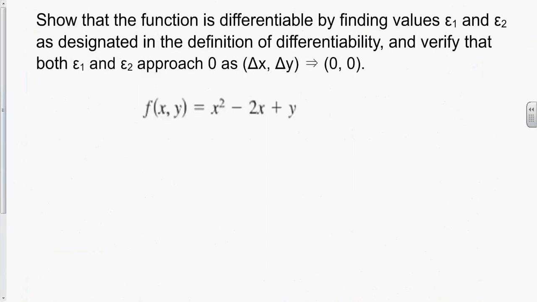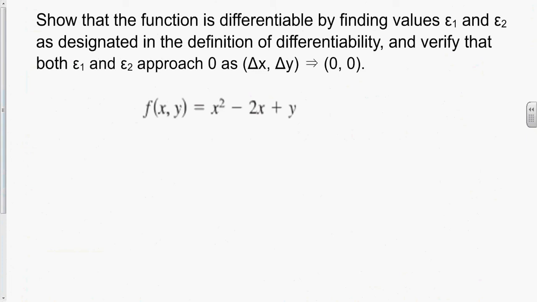So here's the problem, and a problem like this is also on the test. Show that the function is differentiable by finding values epsilon sub 1, epsilon sub 2 as designated in the definition of differentiability, and verify that both epsilon 1, epsilon 2 go to 0 as delta x, delta y shrink closer and closer to the origin.